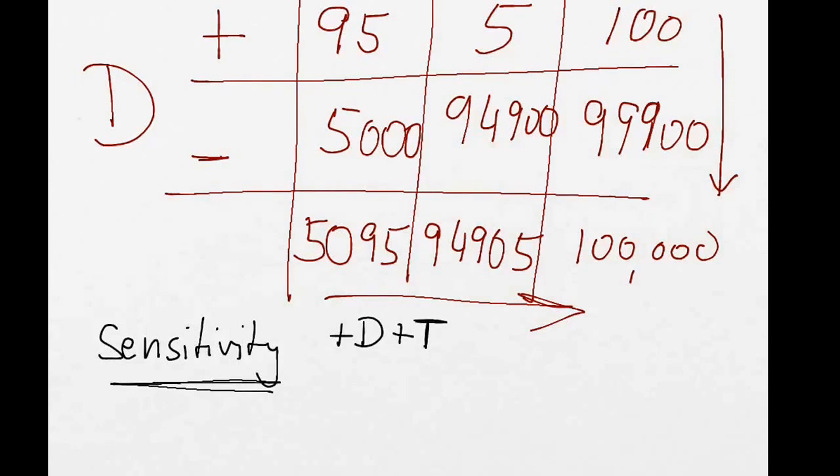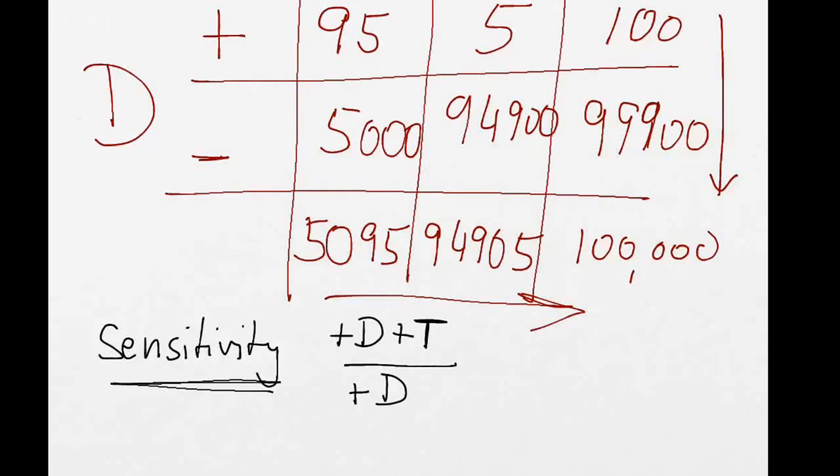I abbreviate it like that: plus D plus T. You have the disease and you test positive, divided by all the people who have the disease. That is the definition of sensitivity of a test.